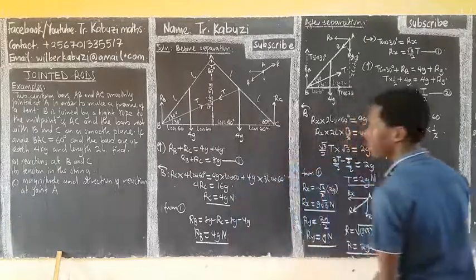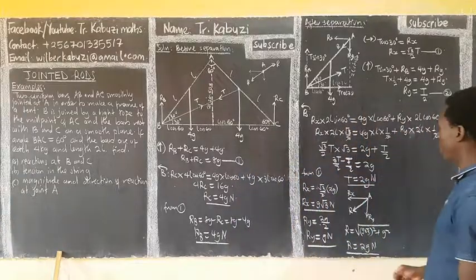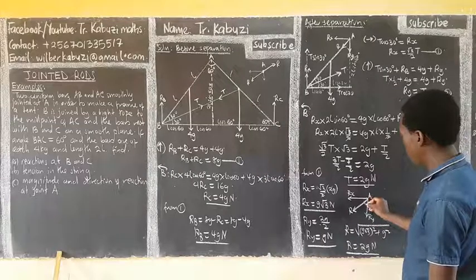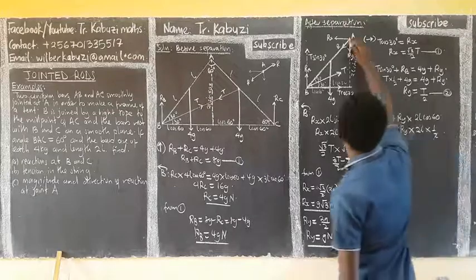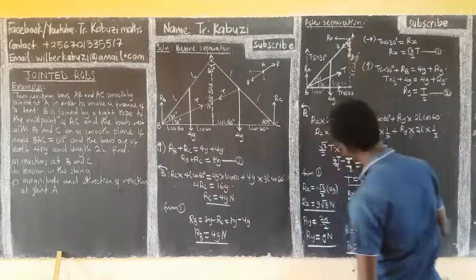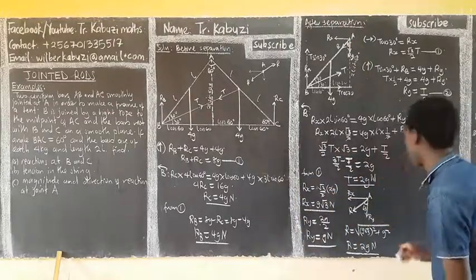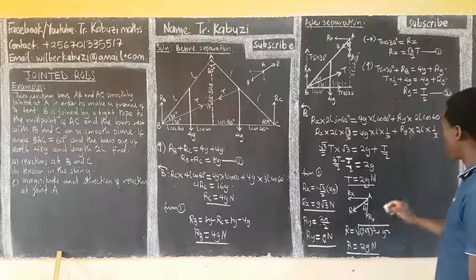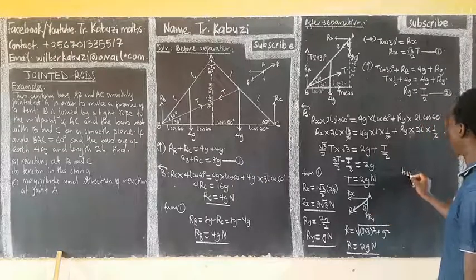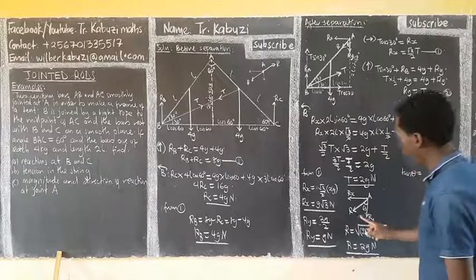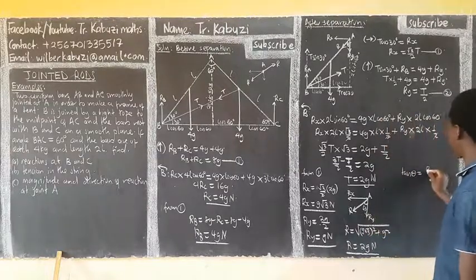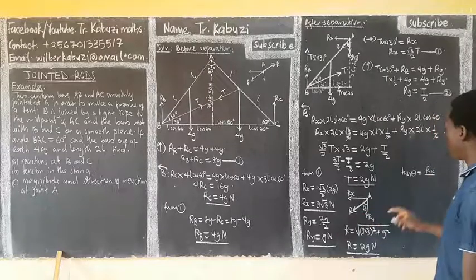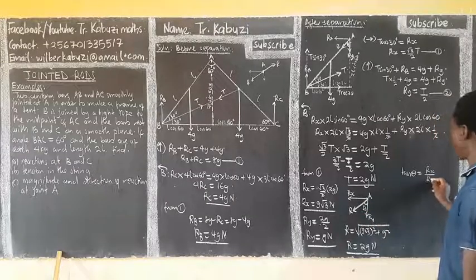Okay, then they want us to get the direction in which it's occurring. Let us call this angle theta, where it's occurring. So you can see that the direction, my tan theta is going to be the opposite, which is Rx, over the adjacent, Ry.